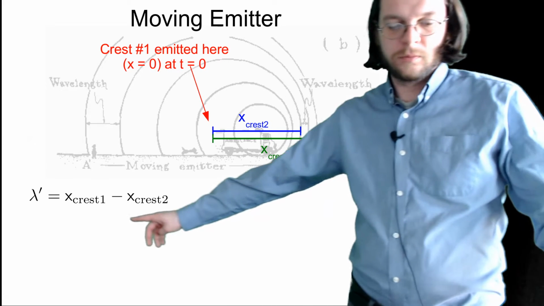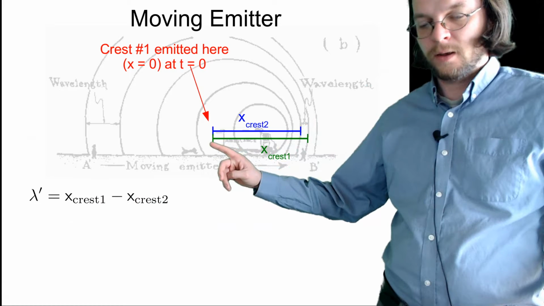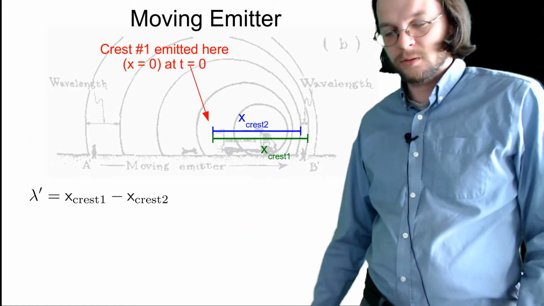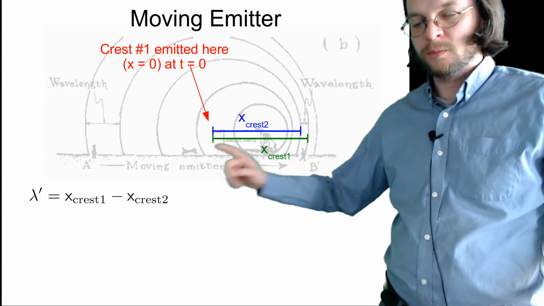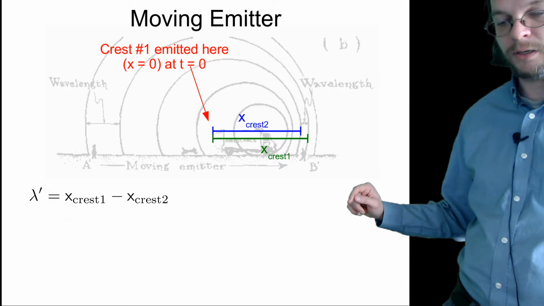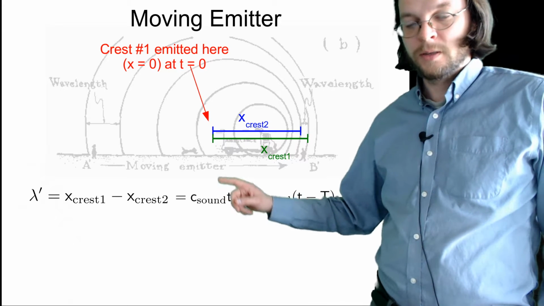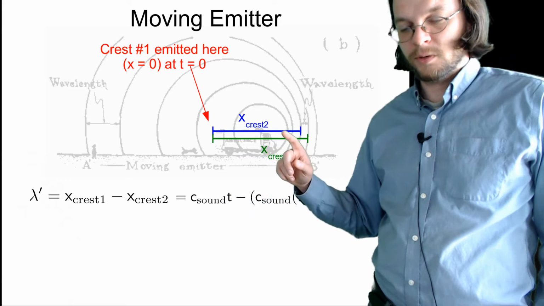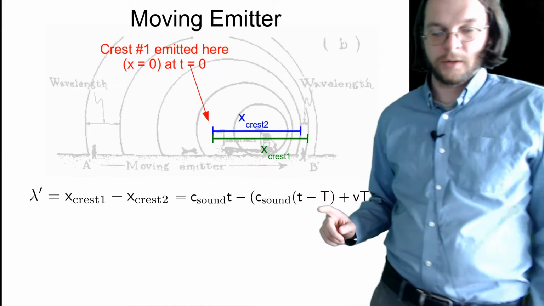So this first crest, because it's emitted here, is exactly the same as it was in the previous example, right? It's emitted there, and it moves forward at the speed of sound. So you're going to see a factor of the speed of sound times the time here, right? That's exactly the same as we had before. The second crest is where things get interesting because it's emitted later, right?